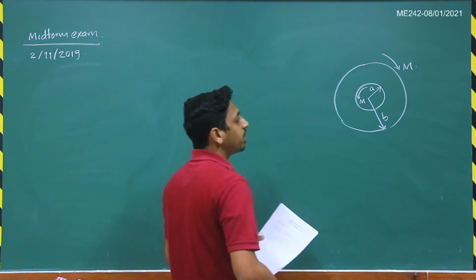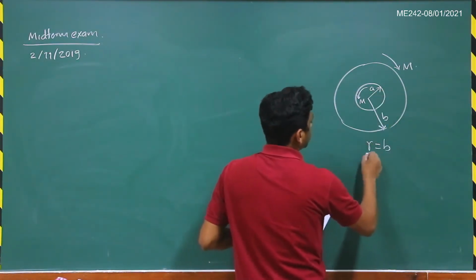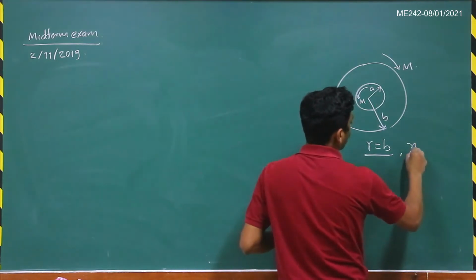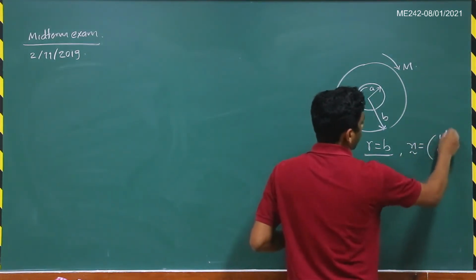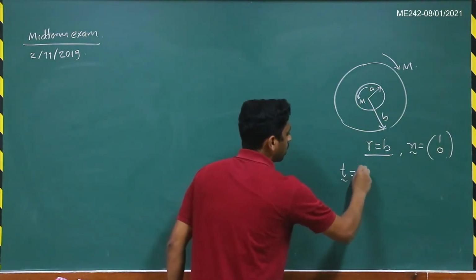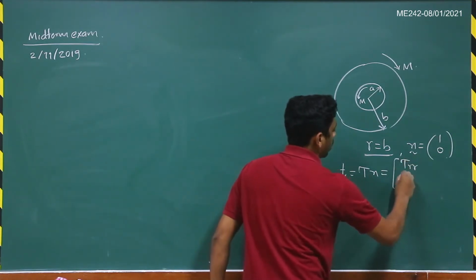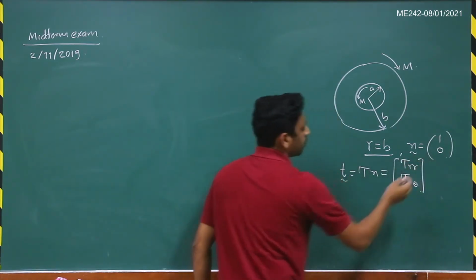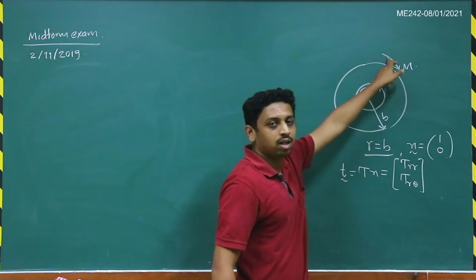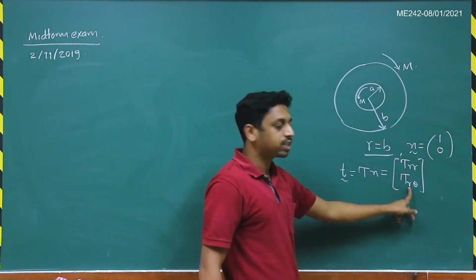So tangential tractions means if we consider any surface r, if we consider r equals B, the normal to which will be along (1, 0). So now again if we use this tau n, which would be tau r, tau r theta. So these moments are applied through these tangential tractions tau r theta.